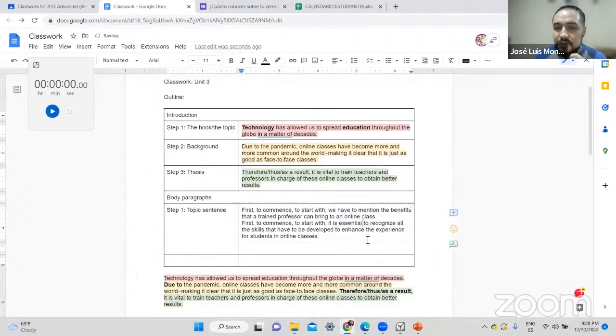What I am doing is that I want to show now in this paragraph what the skills are that these professors or teachers have to enhance, improve. They have to make that better to obtain better results for online classes. By doing that, again, I go to Google.